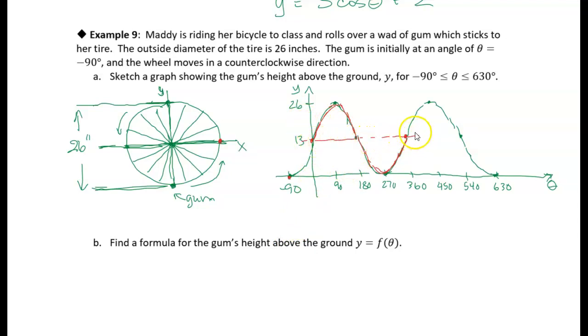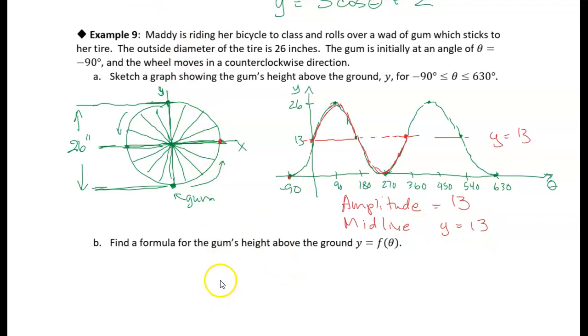The midline is at 13, so I could say my midline is y equals 13. And the amplitude: I'm starting at 13, going up to 26 and down to 0, so my amplitude is 13. And that's all I need to be able to write this function.